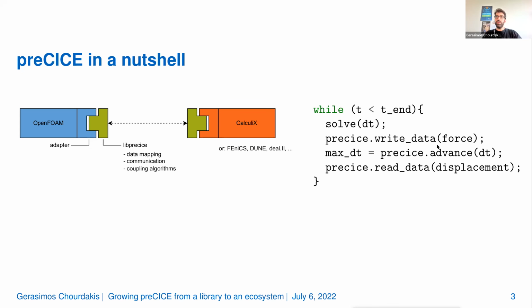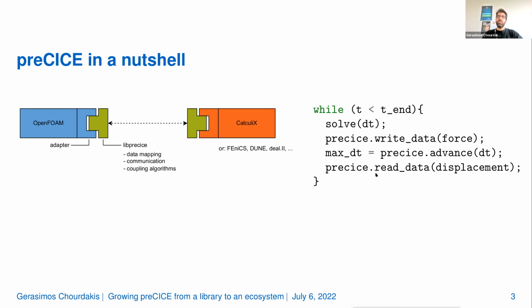So you fill a buffer, you write data, in this case, force, if you want to do a fluid-structure interaction simulation. And then you ask preCICE to do its magic. You ask it to perform data mapping, communication, and a coupling step. And it will do that for the same time step size. In the end, it will give us a new allowed time step size for the next iteration, because we may need to actually synchronize again.